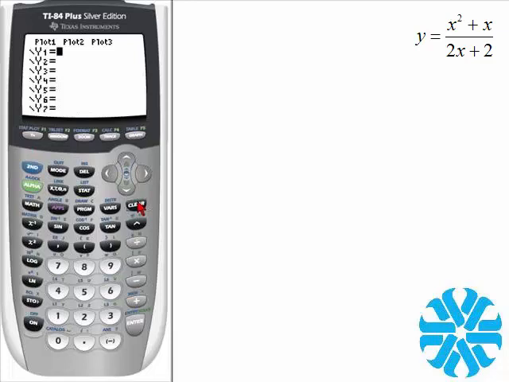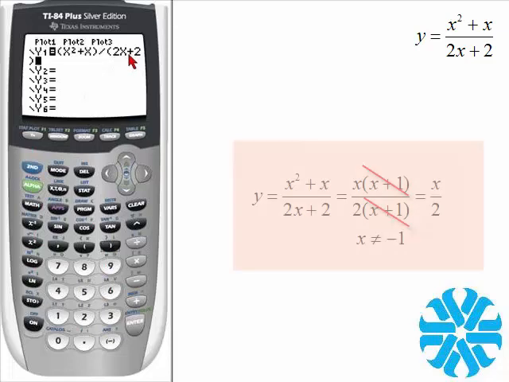So let's graph x squared plus x, and that's divided by 2x plus 2. Again, notice that I put grouping symbols around the expression in the numerator and around the expression in the denominator. It's very important that you do that.